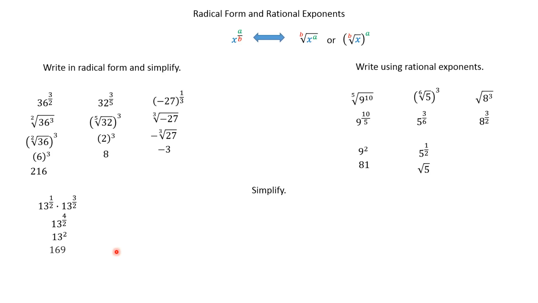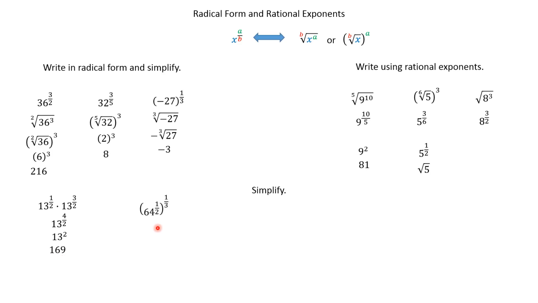And 13 squared is 169. Simplified, it's way easier than doing the square root of 13 times 13, the square root of 13 cubed. Yeah, nope. Simplify, combine. We can simplify our exponent, and then 13 squared is 169.